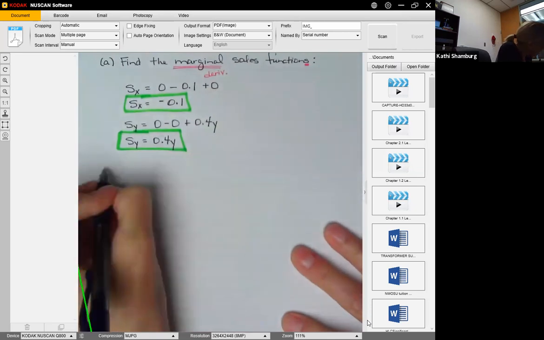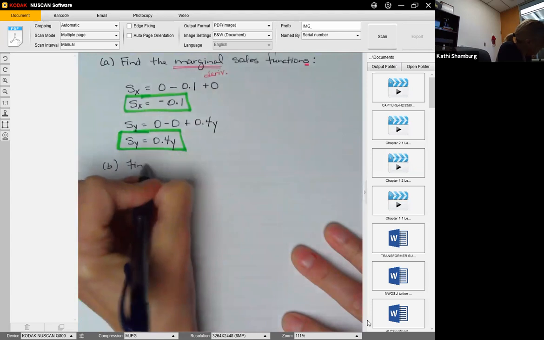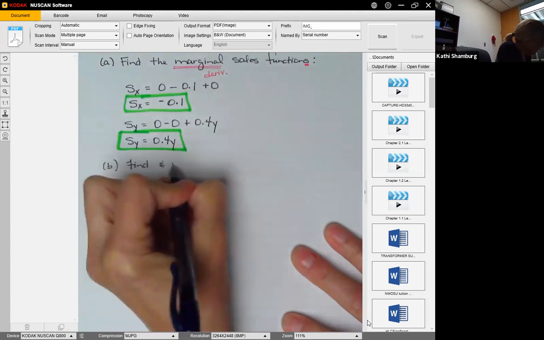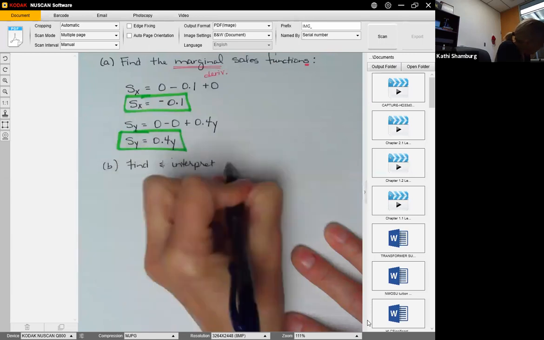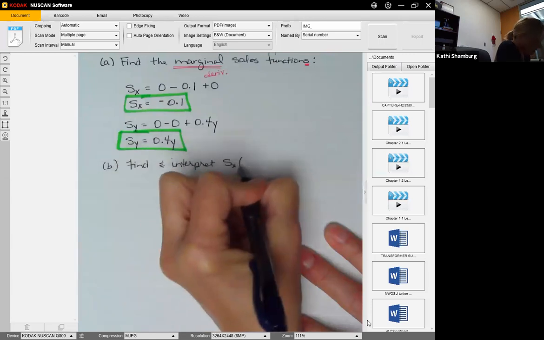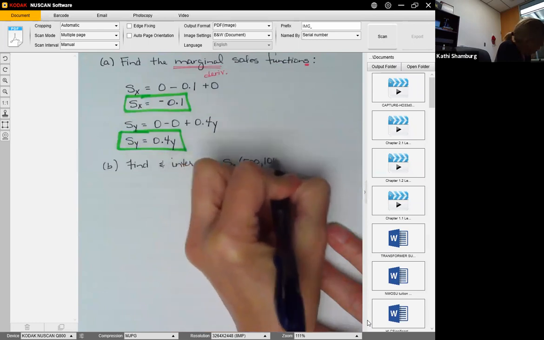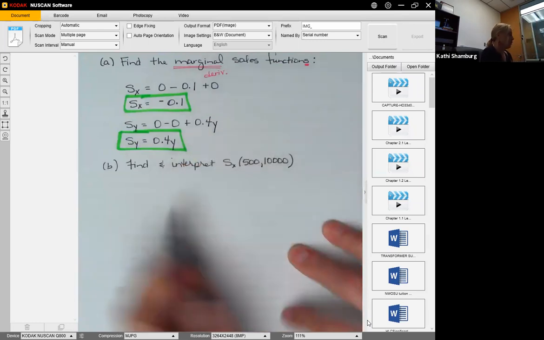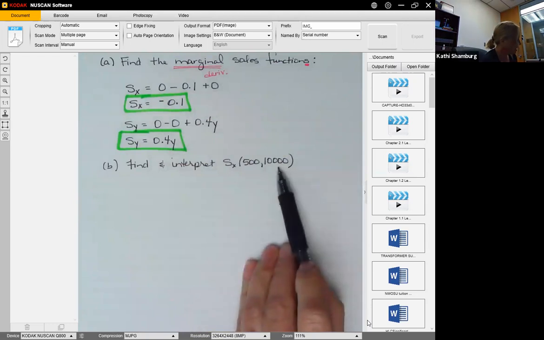Part B, find and interpret S sub x at 500, 10,000. So remember, this is the price of the TV, and this is the amount spent on ads.